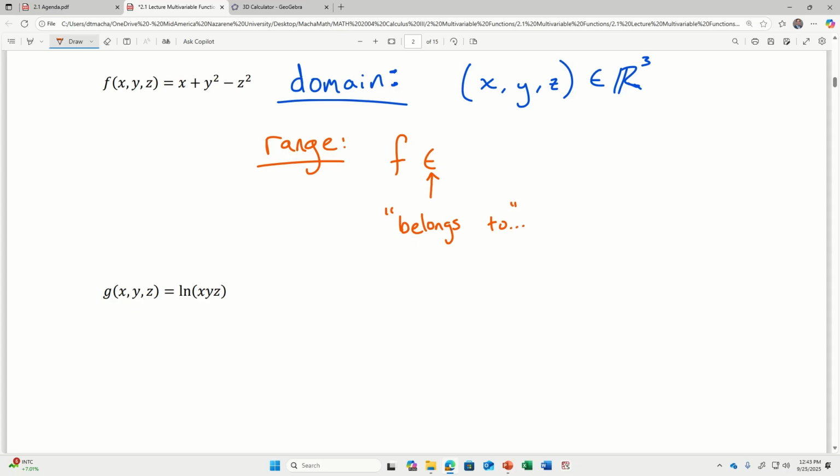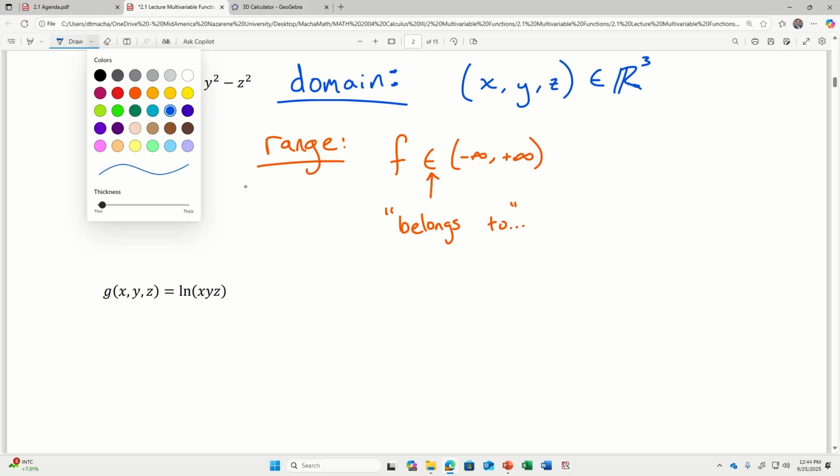So like the coordinate triple X, Y, and Z belongs to the three-dimensional real number space. Or F belongs to, and then we're about to write some kind of interval for F. So what's the range of this function? Yep, I can get to all the real numbers just by setting Y and Z equal to 0, and then X can be whatever it wants, and that means I can reach all the real numbers with this function.